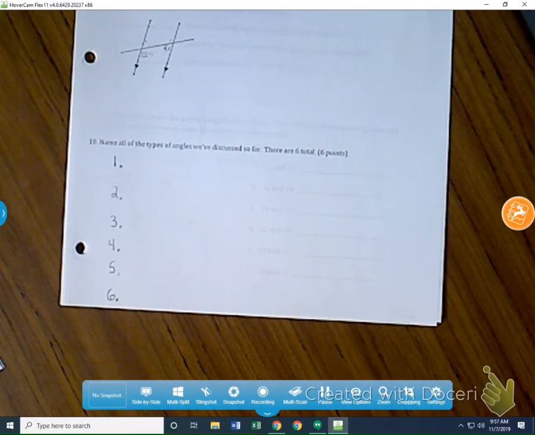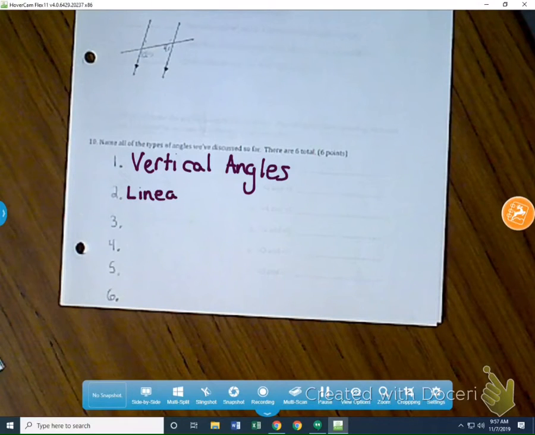So what's our first one? Vertical angles. Any order. Vertical angles. Linear pair. Alternate interior.